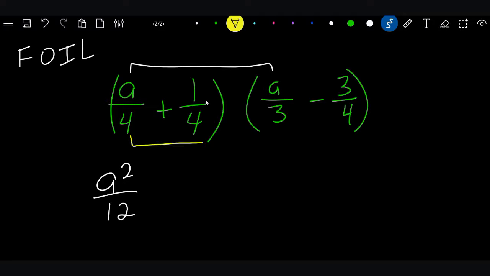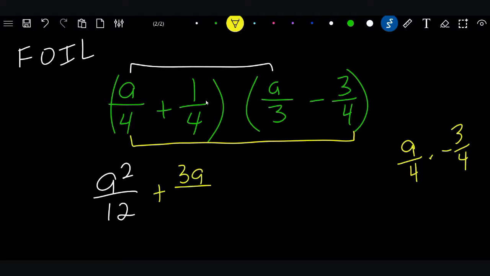Outers. So we're going to do this one times this one. A over 4 times negative 3 over 4. 3 times A is going to give us 3A over 4 times 4, which is 16.